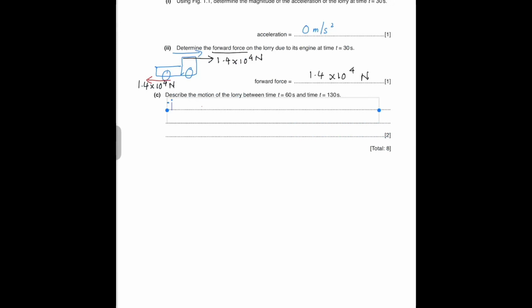Okay, so to get 2 marks, first point is describing the motion of the lorry for the first section of the graph, which is from 60 seconds to 114 seconds. So within this time taken, the speed of the lorry is decreasing.